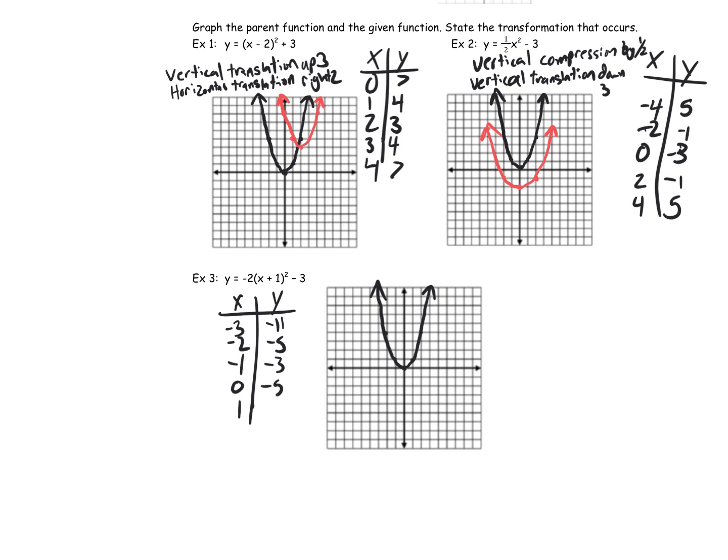And then, of course, we can mirror that. So we will plot those points: negative 3, negative 11. This only goes down to 9, so we have to go off just a little bit. Negative 2, negative 5. Negative 1, negative 3. 0, negative 5. And 1, negative 11.